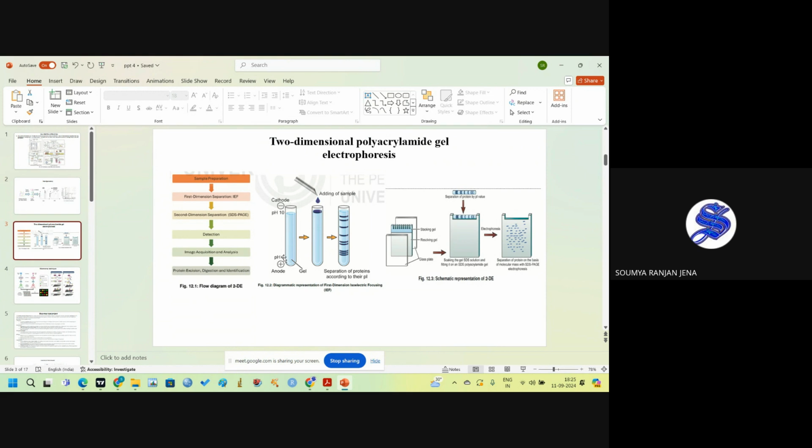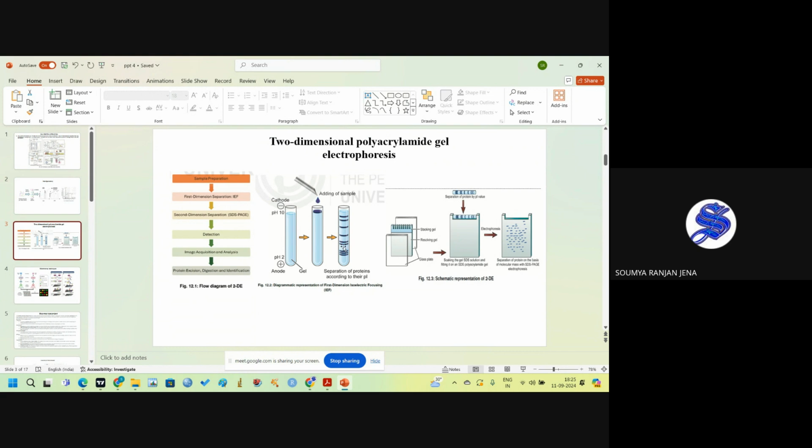This gel has a pH gradient from pH 2 to pH 10. Then in the first dimension, we have to add the protein or peptide molecules to this pH strip, the isoelectric focusing strips, and in this strip the peptides are separated according to their isoelectric points.